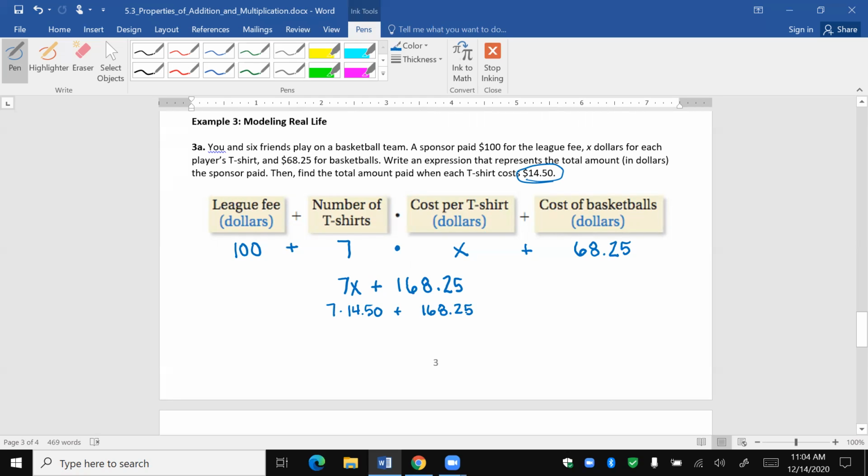Do my multiplication first. That gives us 101.50 plus 168.25. And then when we add those, I get 269.75. Again, the word problems can be a little bit tricky, but the more you practice writing those out, the easier those will be.